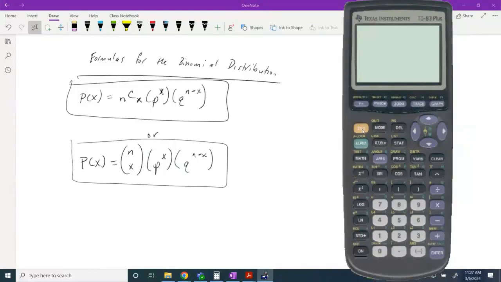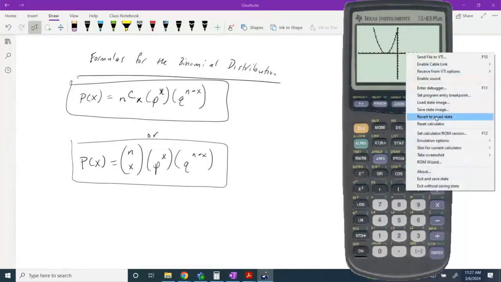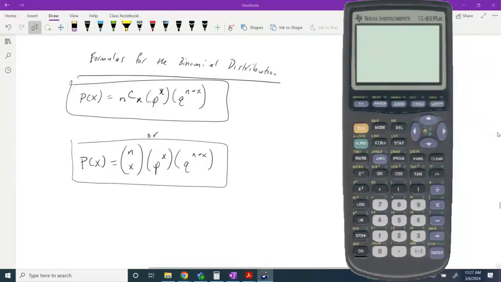So if I click second, and let me just reset my calculator real quick. All right, so if I hit second and vars, which is distribution, here are the distributions we're going to be dealing with. We're going to deal with the normal CDF, and if we scroll down, we're going to deal with the binomial PDF and the binomial CDF.